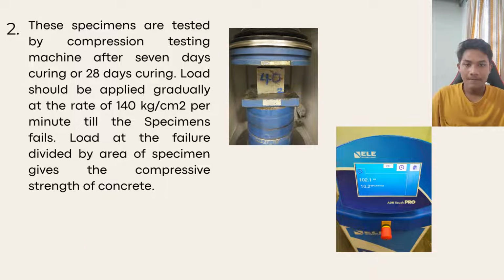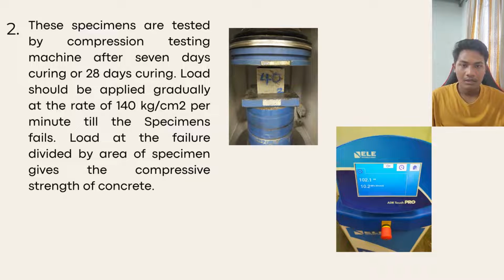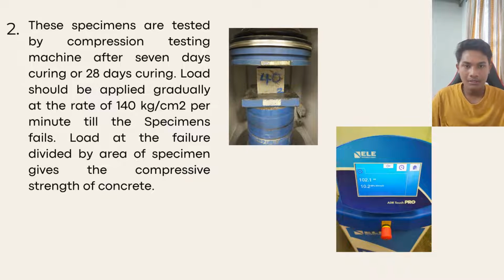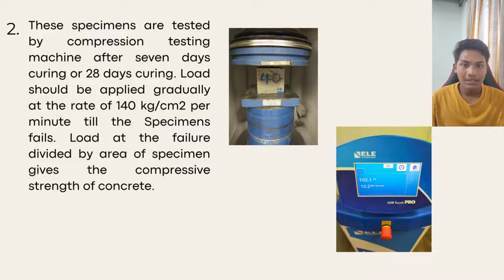Next, these specimens are tested by compression testing machine after 7 days curing or 28 days curing. Load should be applied gradually at the rate of 140 kg per centimeter square per minute, till the specimen fails. Load at the failure divided by area of specimen gives the compressive strength of the concrete.